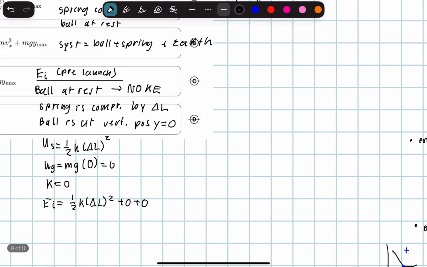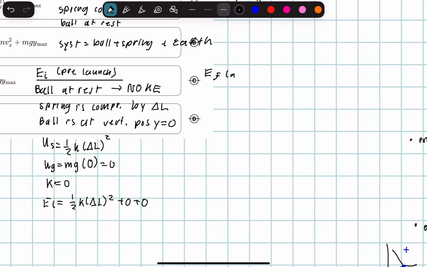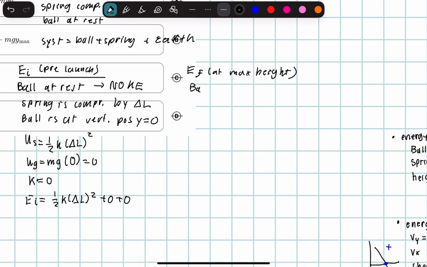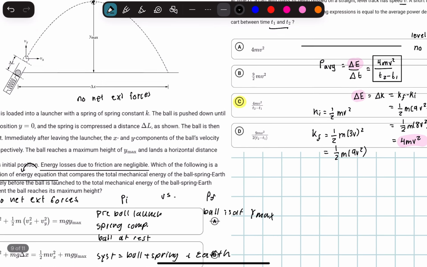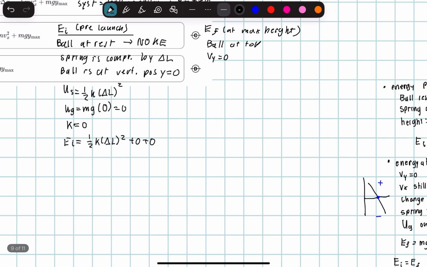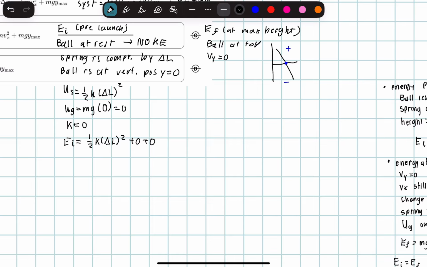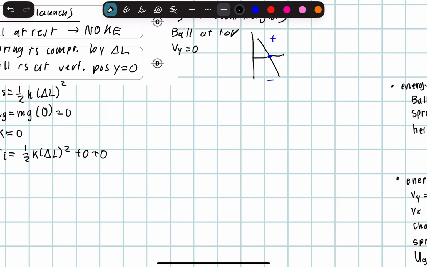Now we want to find the final energy, EF, at max height. What is happening physically at this point? The ball is at the top of the trajectory, so vy is going to equal 0, because at the top it's crossing from going in the positive direction to going down.